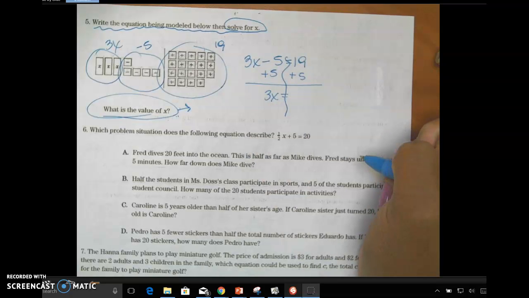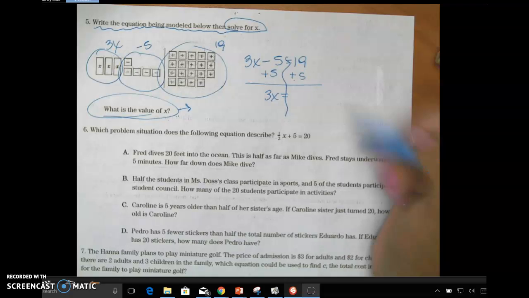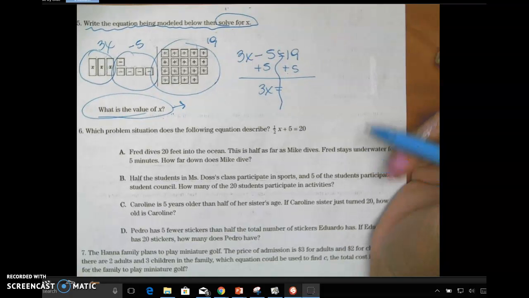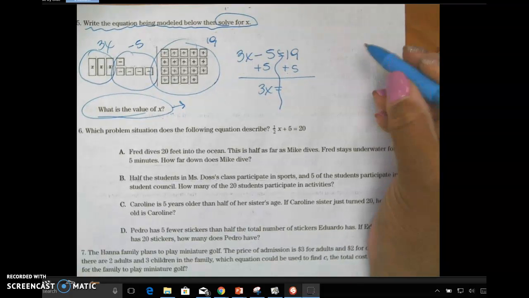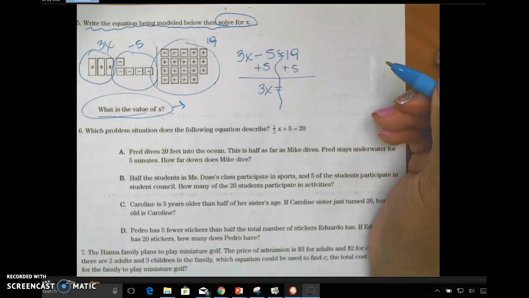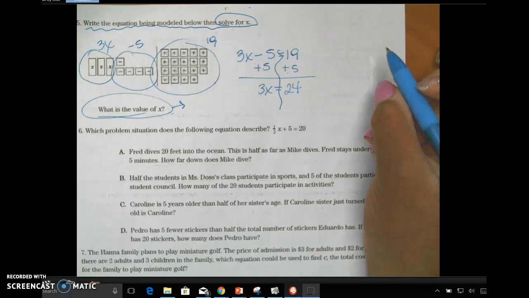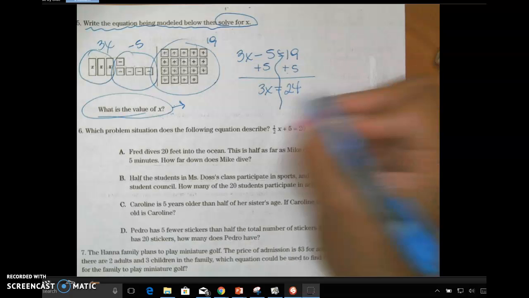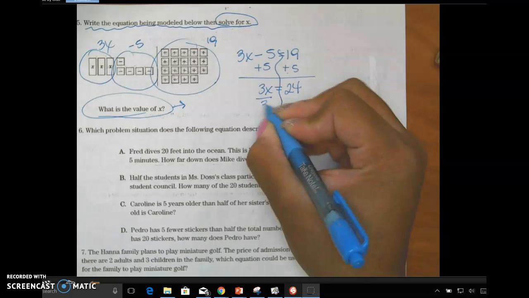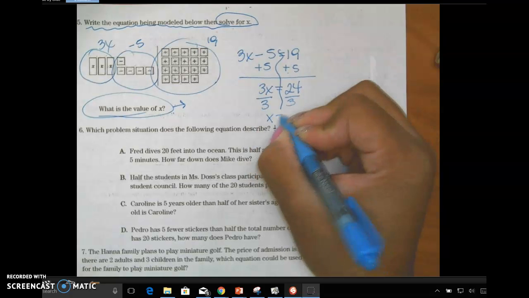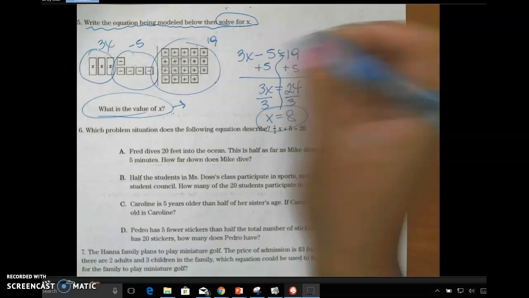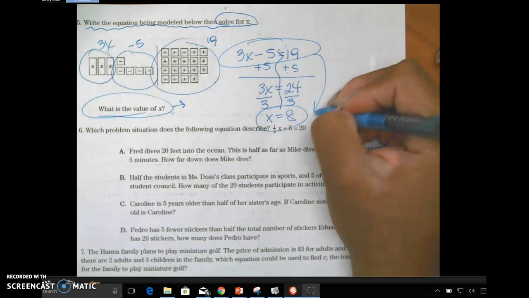Please don't shout answers out at me. 19 plus 5 means 24. Good. Now what do I do with the 3? Divide both sides by 3. 24 divided by 3 is 8. I have written an equation and I have solved it.